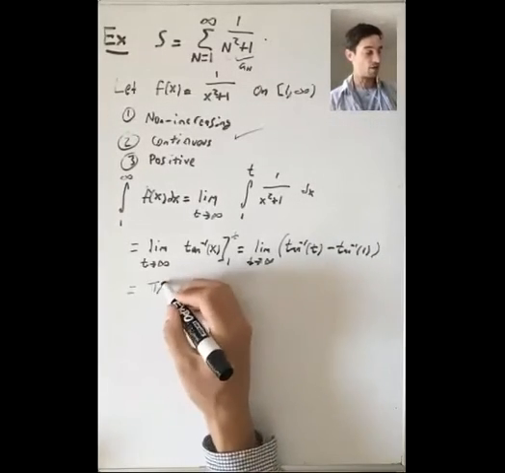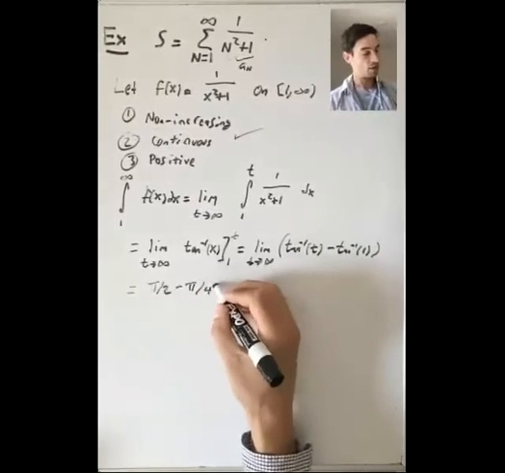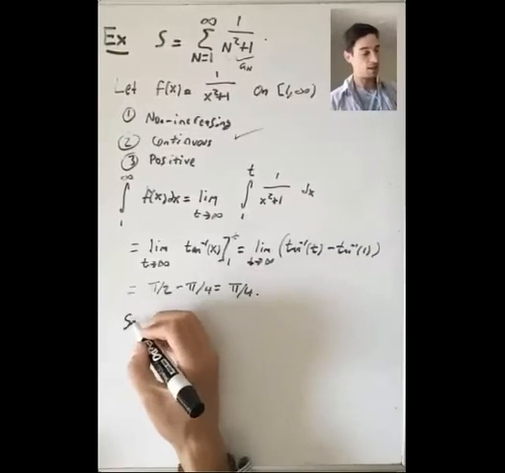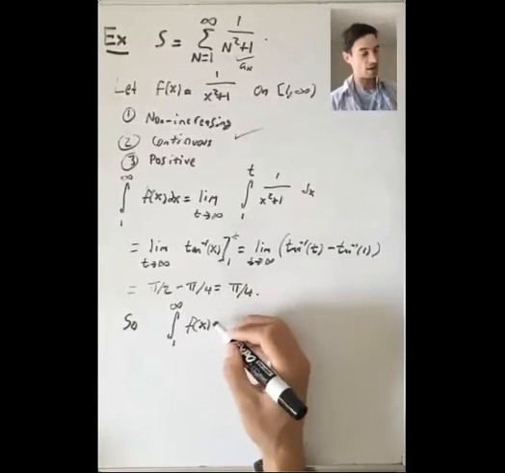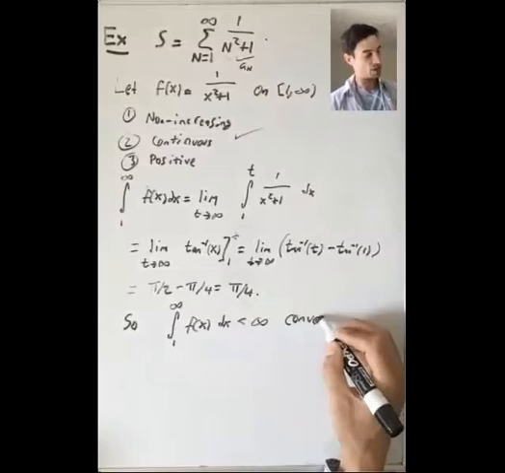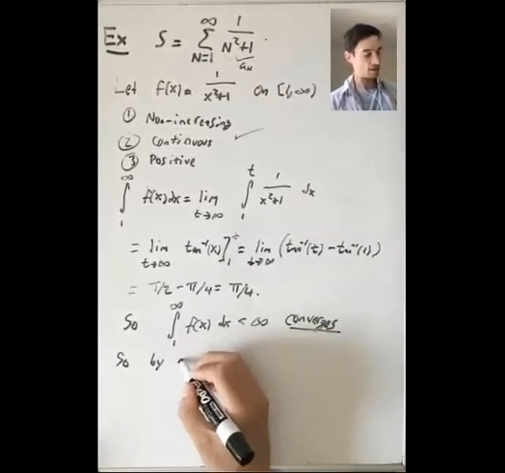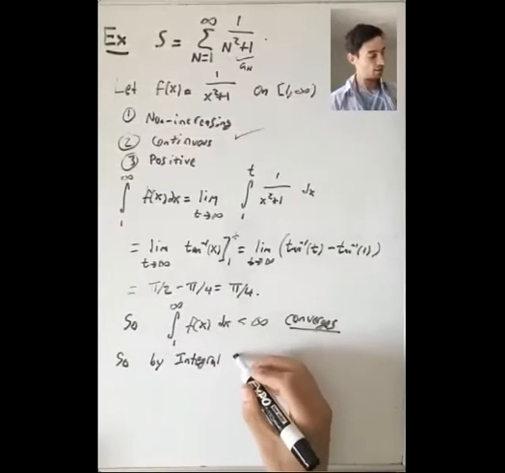So this is pi over 2 minus arctan of 1, which is pi over 4. Okay, so what does this mean? This means that the integral from 1 to infinity of f of x dx converges to some number less than infinity. So by the integral test, that means this series converges as well.